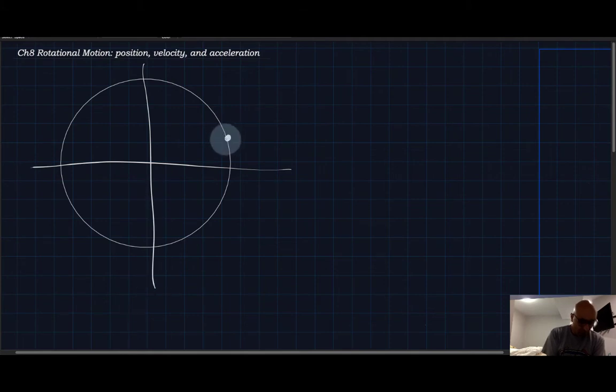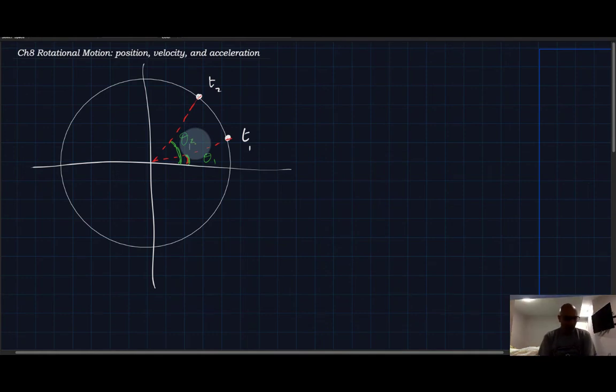So the object is here at a certain time, I'm going to call this T1, and the object was found here at a certain time T2, and this is the radius, and this is the radius. Now this is the angle. I'm going to call this angle theta 1, and for this big one I'm going to call it theta 2.